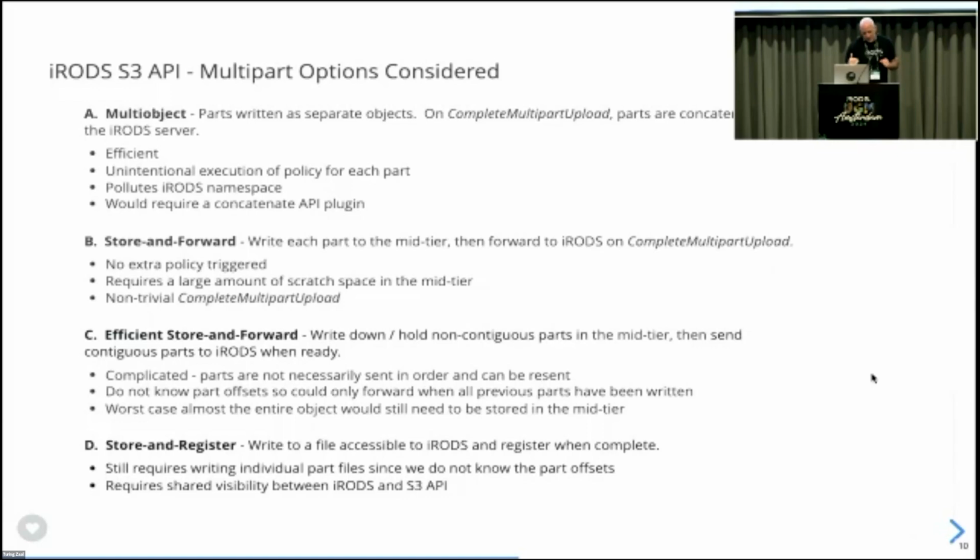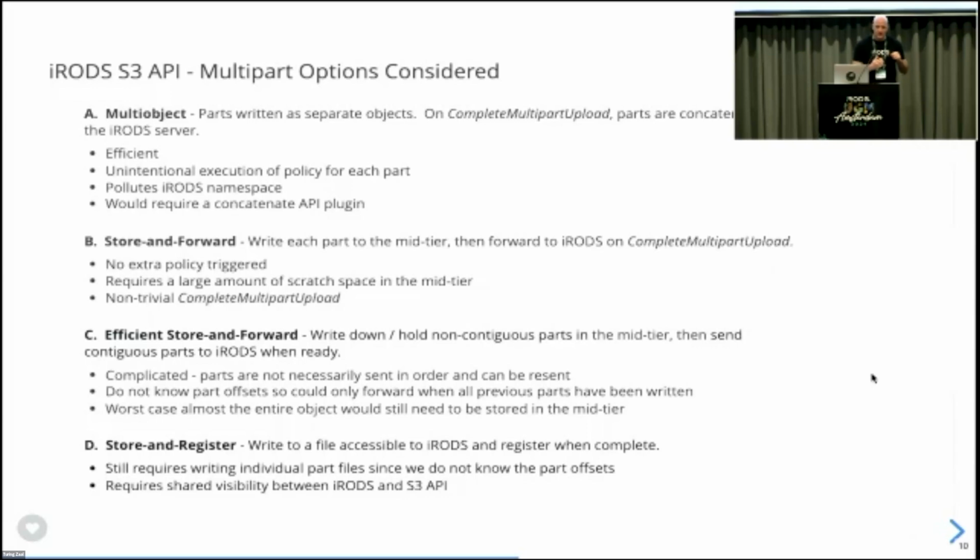That makes it more difficult. It doesn't make it difficult to implement, it makes it difficult to implement efficiently. So we went through several options. One was multi-object, where each part was an object in iRODS. The second option was the simplest, which was store and forward.